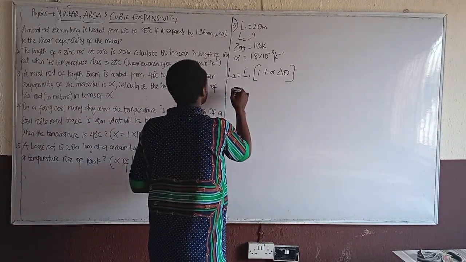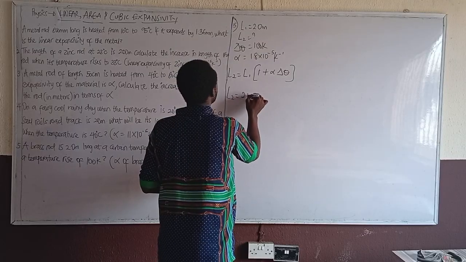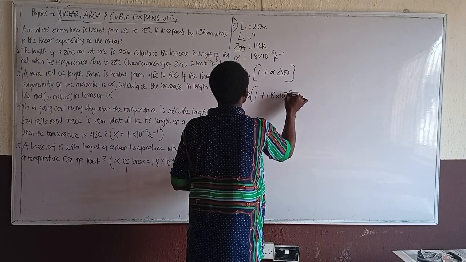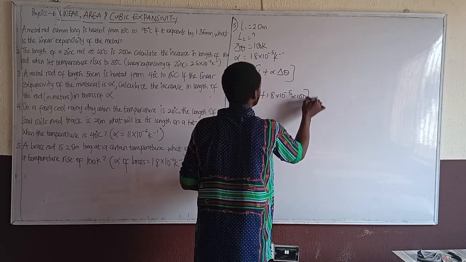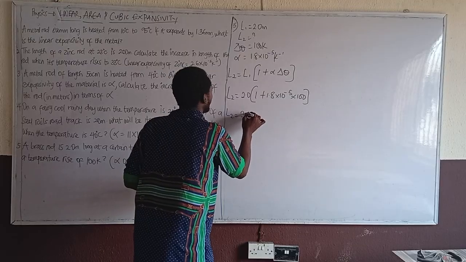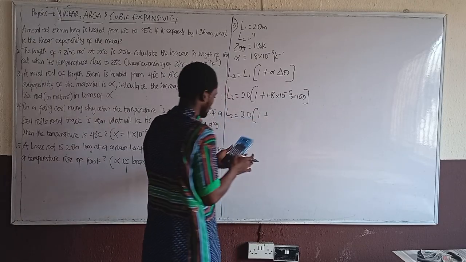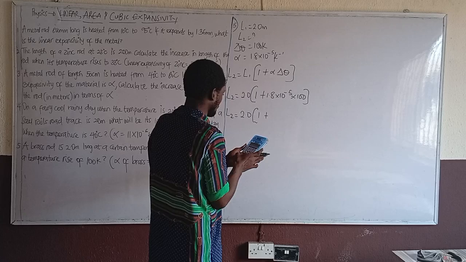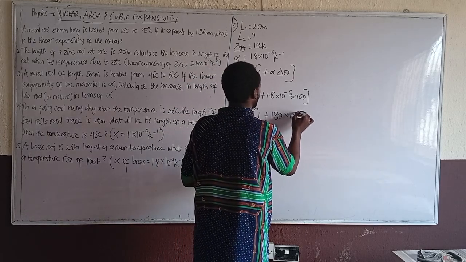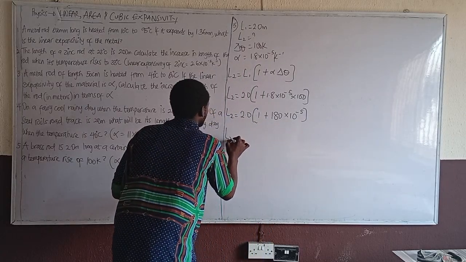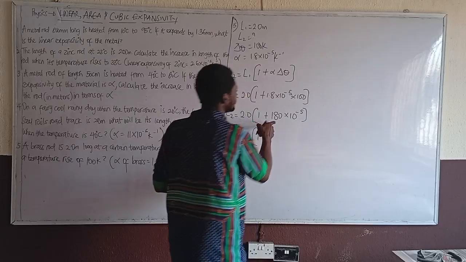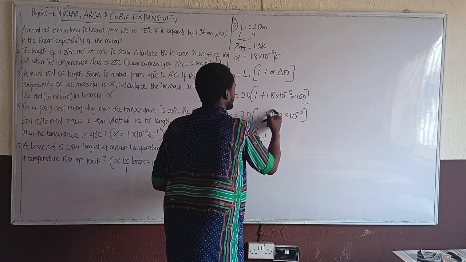So here L2 is 2.0 times 1 plus 1.8 times 10 raised to the power minus 5 multiplied by 100. That is the change in temperature. So the L2 becomes 2.0 times 1 plus, now 1.8 multiplied by 100, that is 180 times 10 raised to the power minus 5. Now 1 plus, I will take this natural number, that is 1, 2, 3.